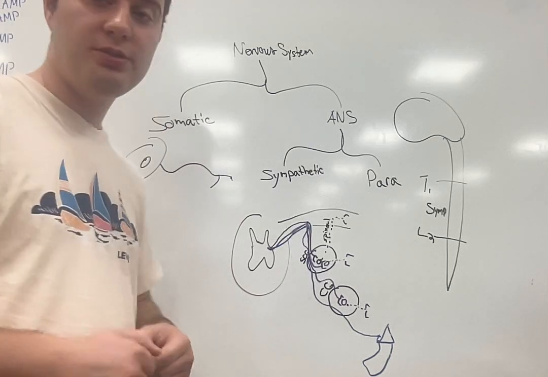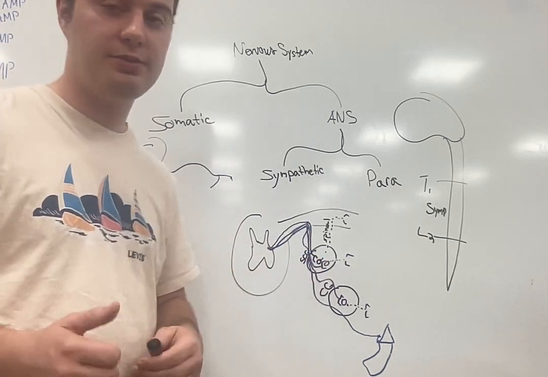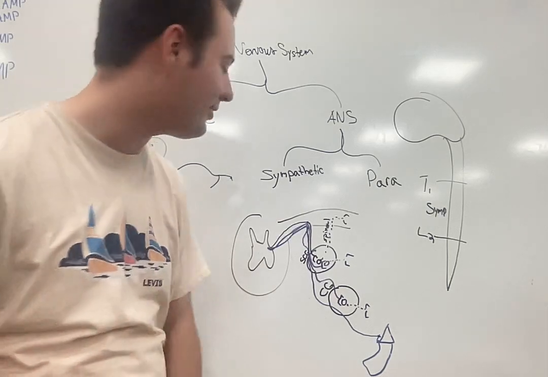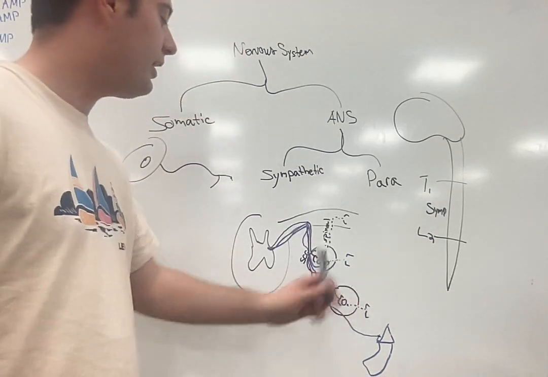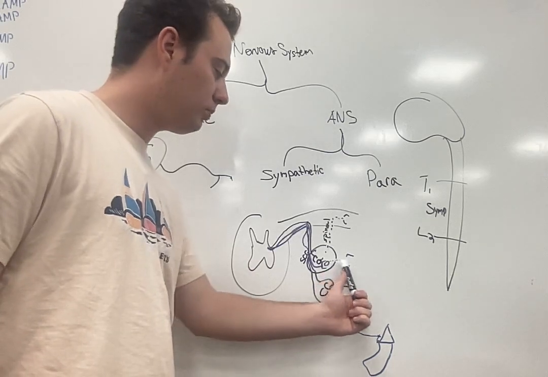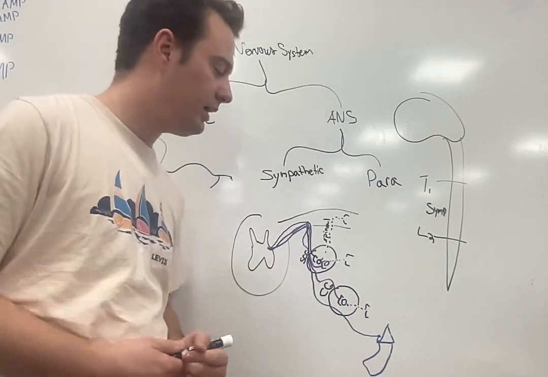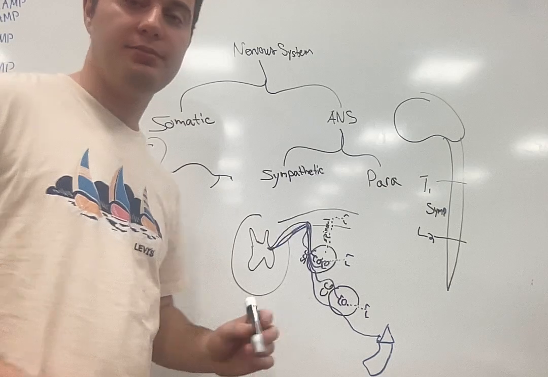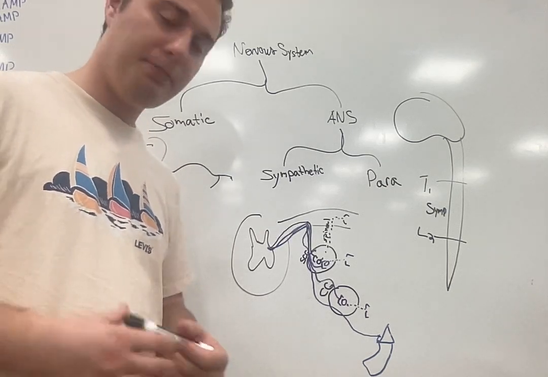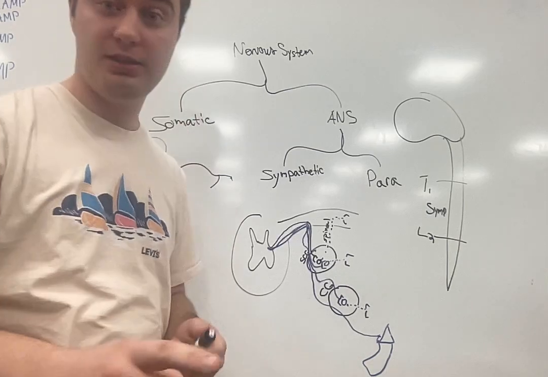The receptors at the synaptic clefts are almost always nicotinic. If it's an in-betweener, it's a nicotiner. That's how I remember it. It'll activate the postsynaptic neuron, and it'll run to the heart, and it will release either epinephrine or norepinephrine. That part doesn't really matter, but it's not acetylcholine.